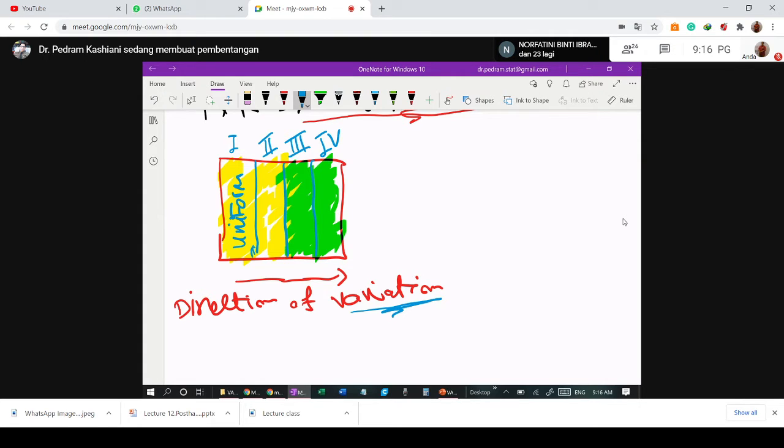Maybe in that experiment, blocking was in the wrong direction. Or sometimes maybe the blocking was correct, but the variation I used for blocking was not a significant variation. For example, I thought the soil fertility is different, but the soil fertility was not different. I understand at the end of the study that my block is not significant.